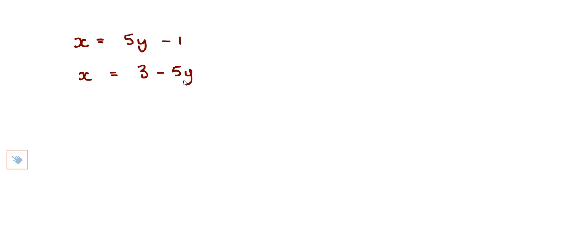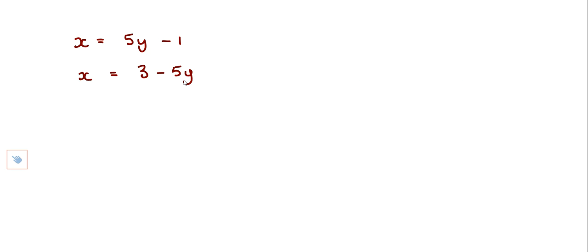Simultaneous equations. They're in a slightly different rearrangement than you're used to seeing. Now, could I do a subtraction method without multiplying?